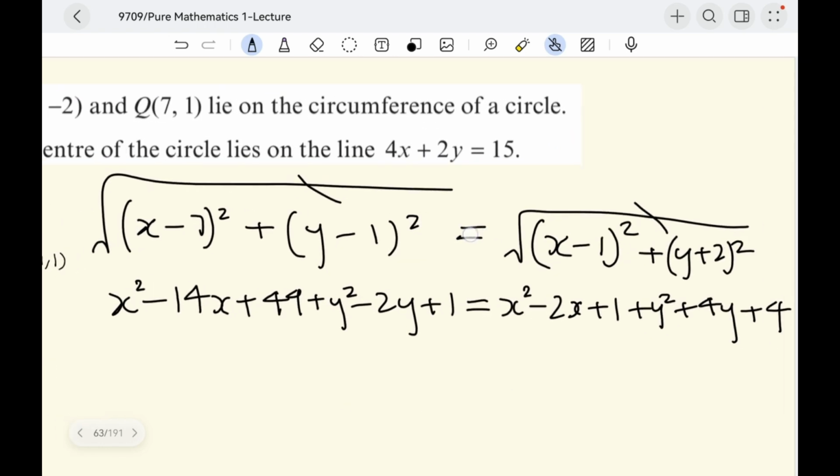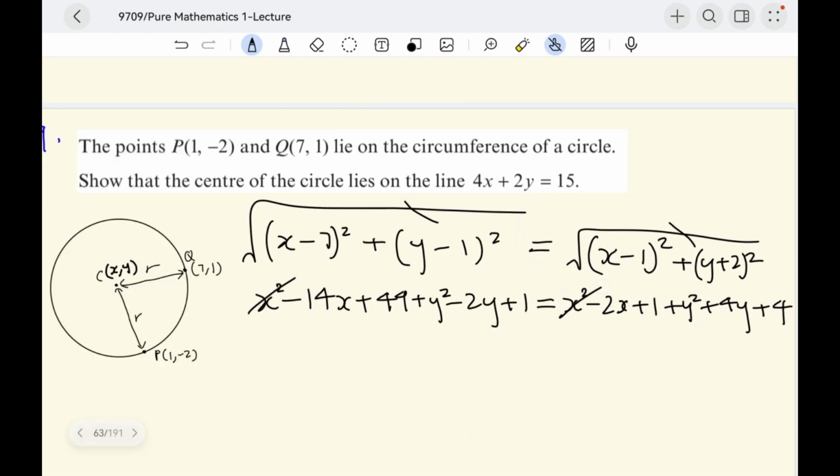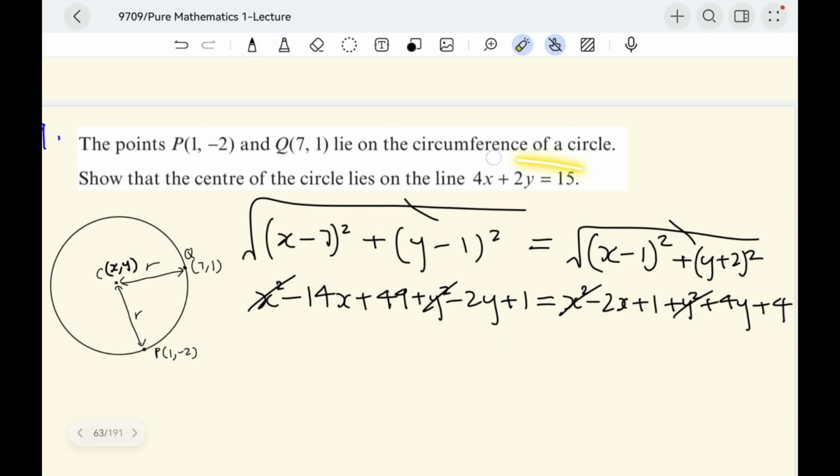Then cancel the x squared and the y squared at both sides, then expand and simplify, and see if you can get this equation. For the x, I have negative 2 plus 14, which gives 12x. And for the 4 plus 2, that's 6y. The plus 1 can also be cancelled. 49 minus 4, I should get 45.